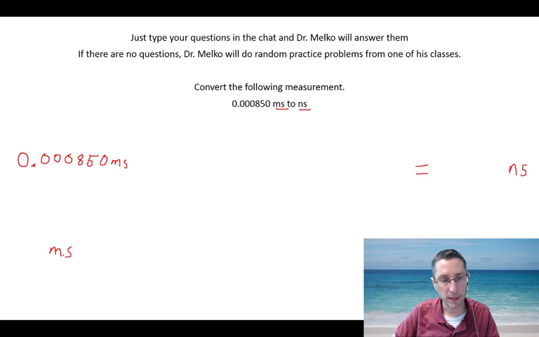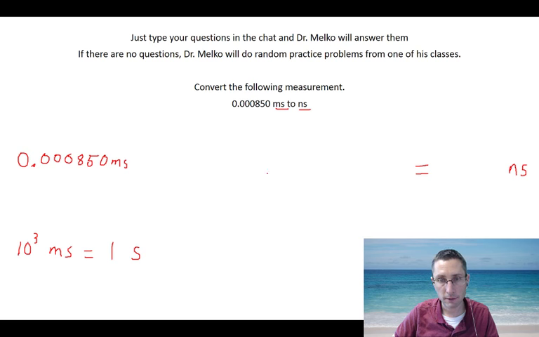What I've memorized is the conversion between that and its base unit, seconds. And I've memorized there's 1,000, or I'll write 10 to the third, same thing, 1,000 milliseconds in 1 second.